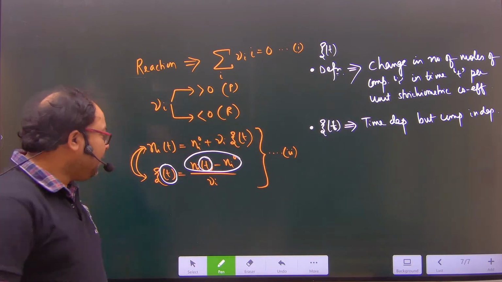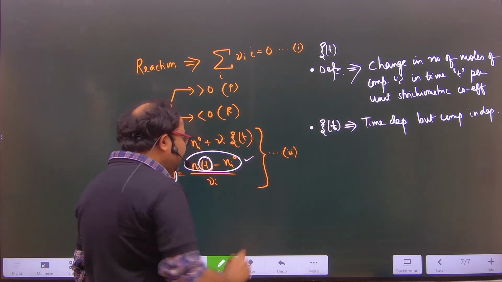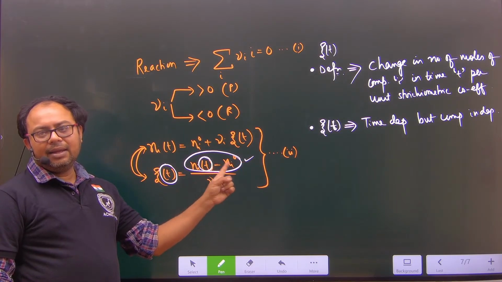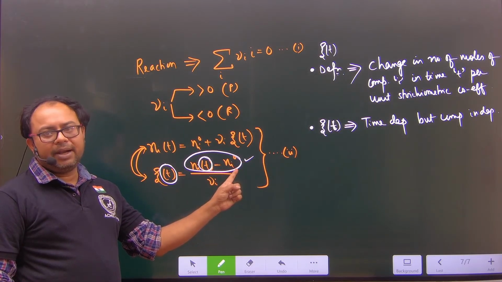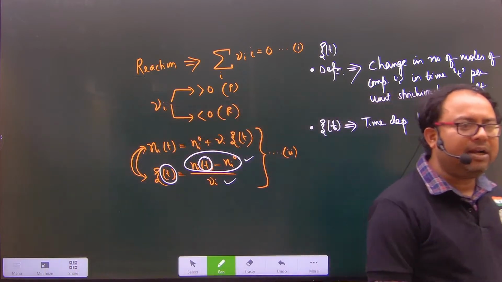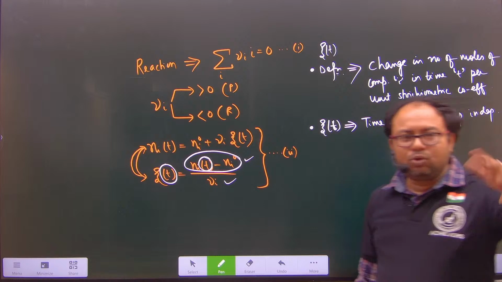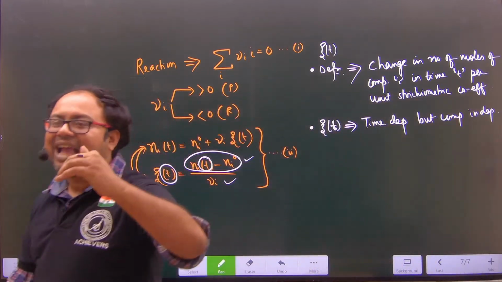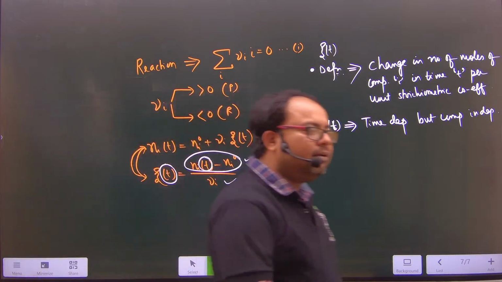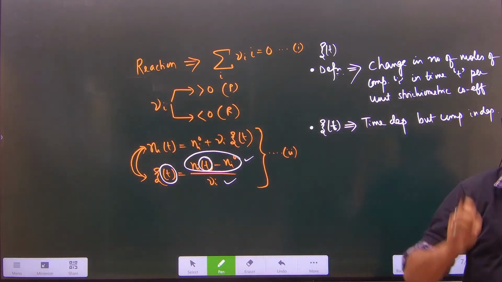Why? Because you see, in the numerator you have Nit and Ni naught, both component dependent. And in the denominator you have nu I, which is also component dependent. So these two component dependences will eventually cancel each other.